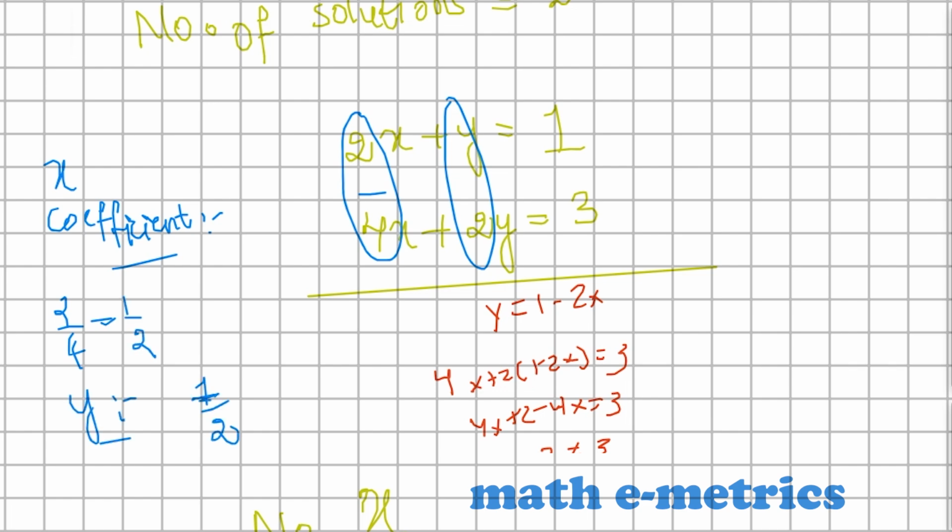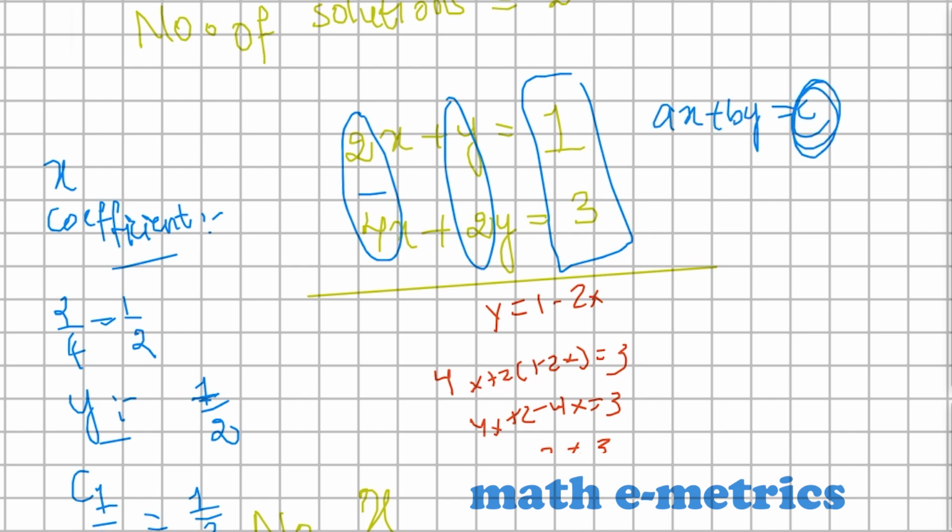What is c1 by c2? See, ax plus by is equal to c, right? This c. The 1 over 3. Okay, so 1 over 3.